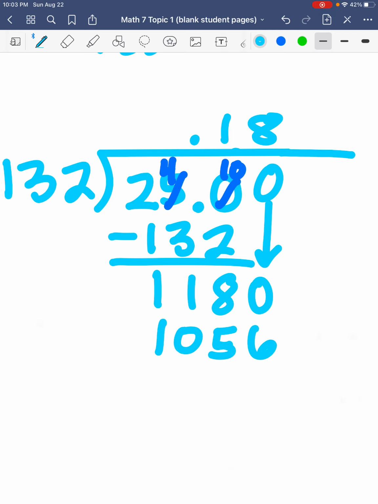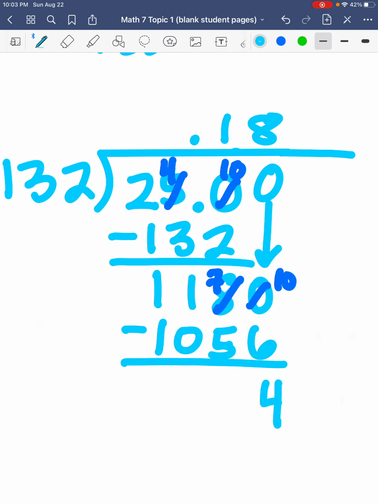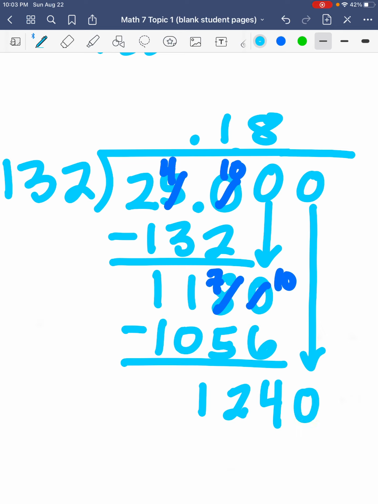Okay, so now I'm going to subtract that. Okay, so I'm going to borrow. This 8 becomes a 7. That's a 10. 10 minus 6 is 4. 7 minus 5 is 2. And 1 minus 0 is 1. So I have 124. So again, I'm going to add a 0 and bring that down.